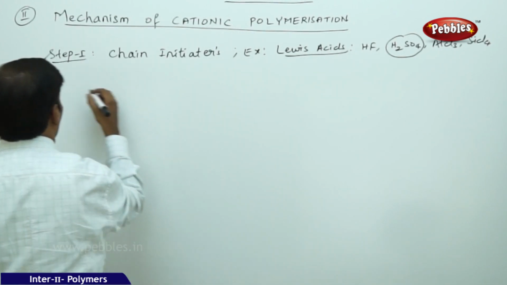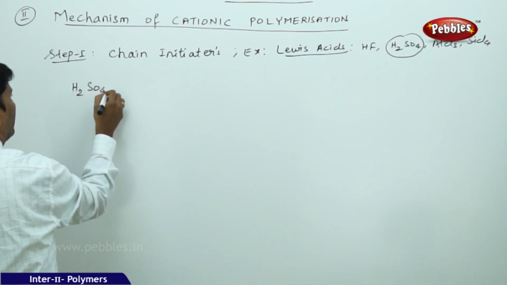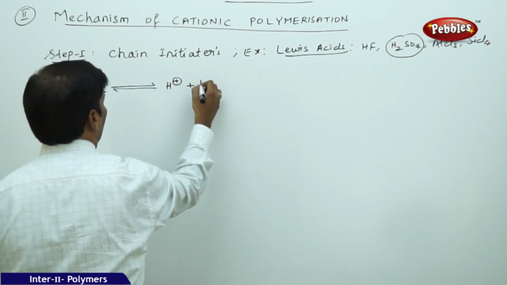In the chain initiating step 1, take sulfuric acid, H2SO4; upon dissociation it gives one proton and one bisulfate ion.